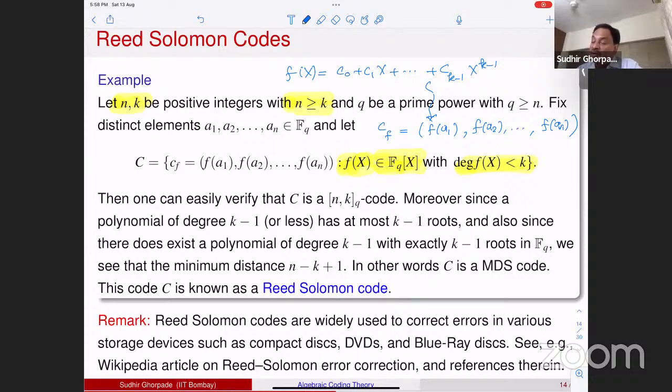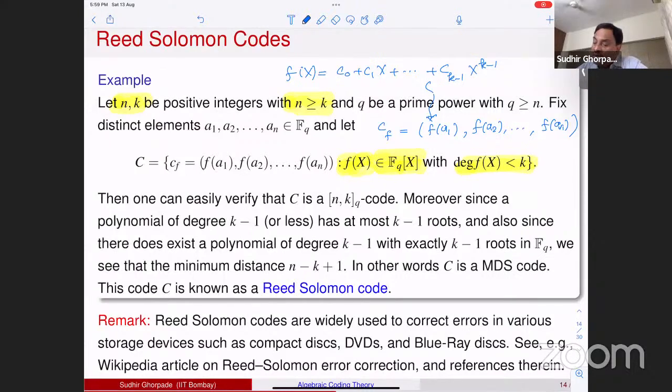This is like an evaluation map going from the set of polynomials of degree less than or equal to k minus 1 to the set of n-tuples of elements of F_q. And it is very clear that this is a linear map. If f goes to c_f, g goes to c_g, then f plus g will go to c_f plus c_g, just because the substitution map is a linear map.